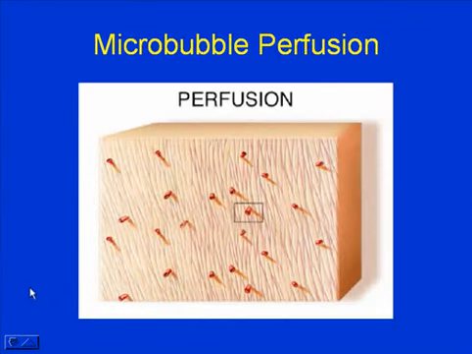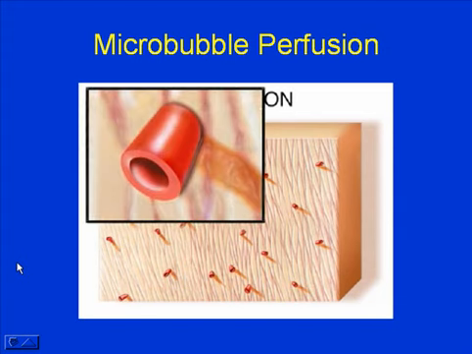Now, here's an animation showing what I'm talking about. We would grab a small capillary and we would image the microbubbles, shown in blue, through the blood flow inside of a tumor.